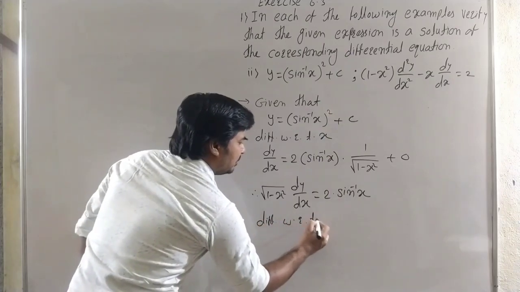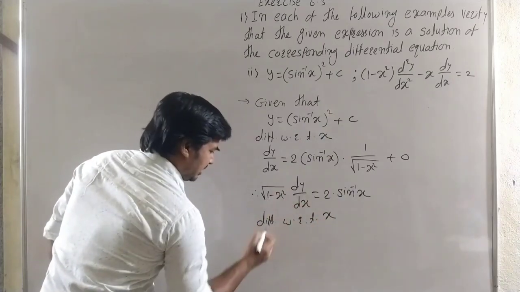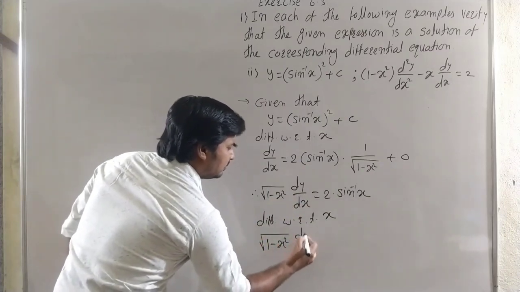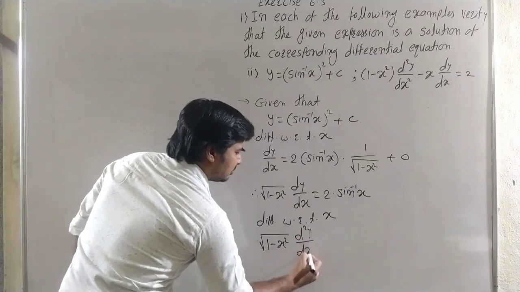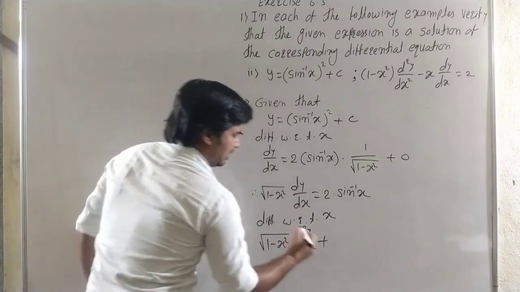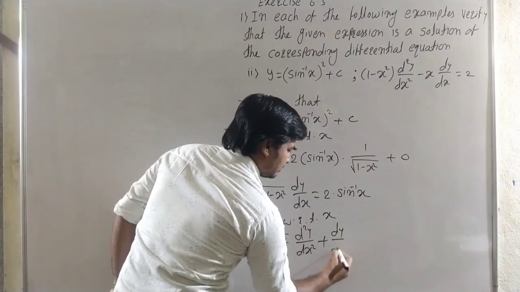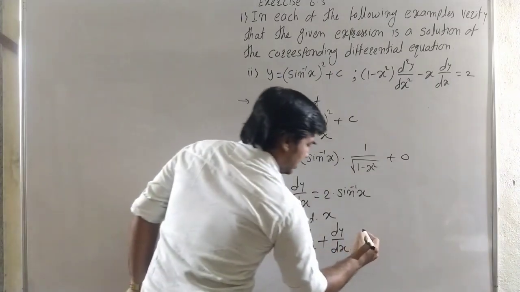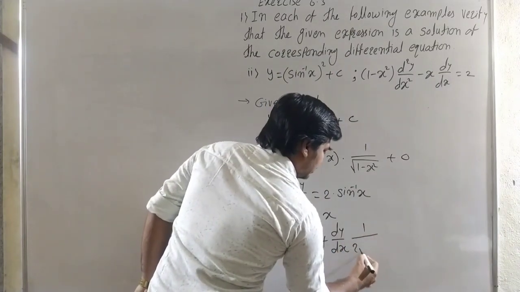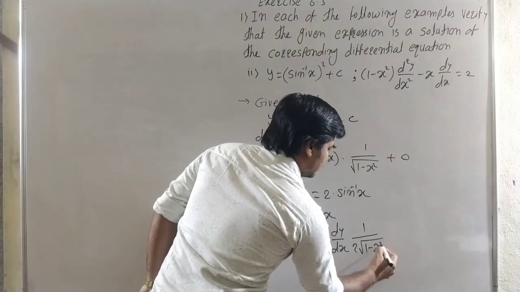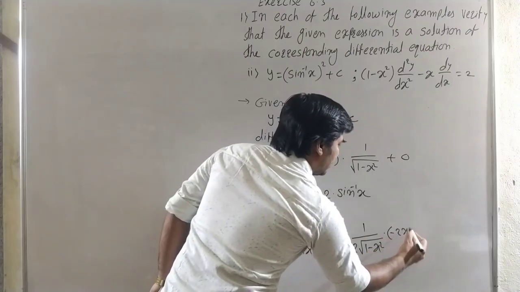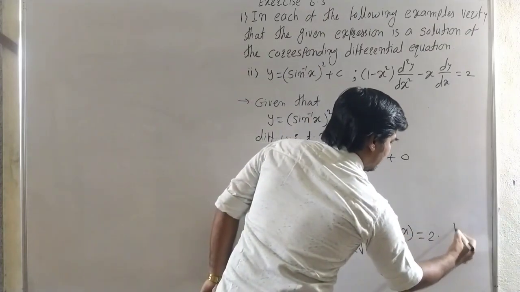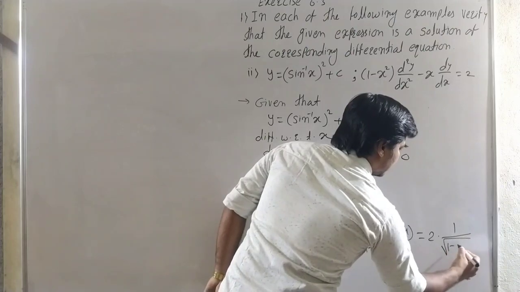Differentiate with respect to x. It is the first function, it is the second function: under root 1 minus x square into d2y by dx2, plus the second function as it is into the derivative of the first function, under root 1 minus x square, therefore it is 1 upon 2 under root 1 minus x square into minus 2x, is equal to the derivative of this function: 2 as it is into 1 upon under root 1 minus x square.